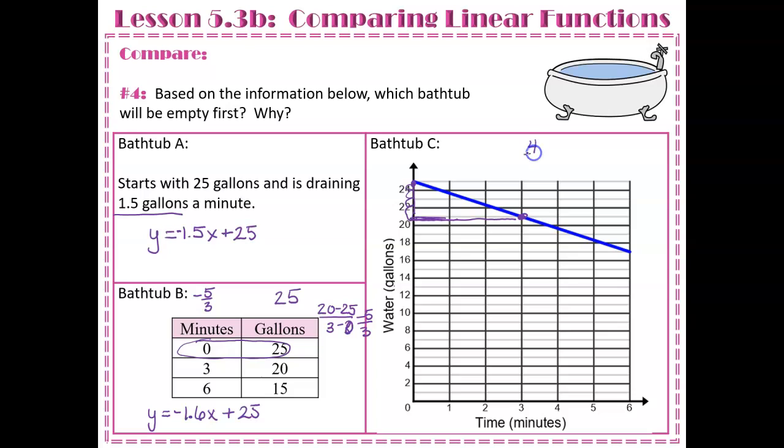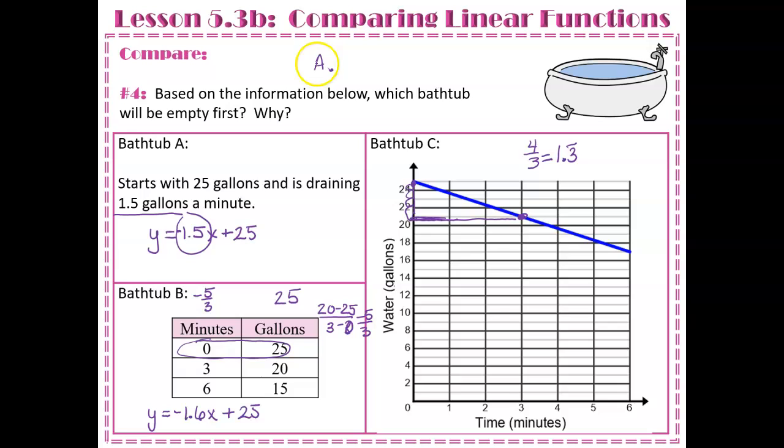So 4/3, or about 1 1/3, 1.3. So bathtub A has the highest rate. It's draining the fastest. So A will empty first.